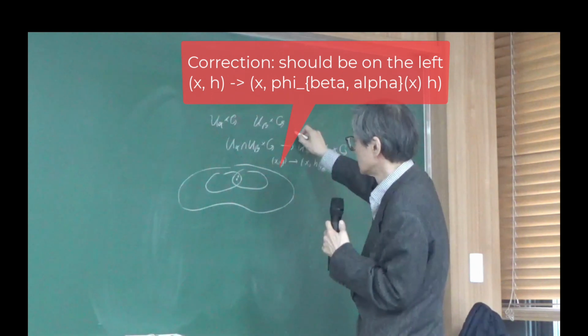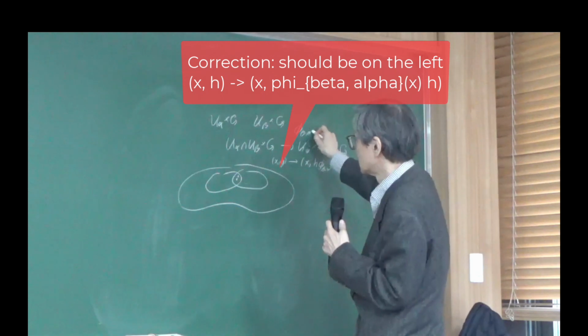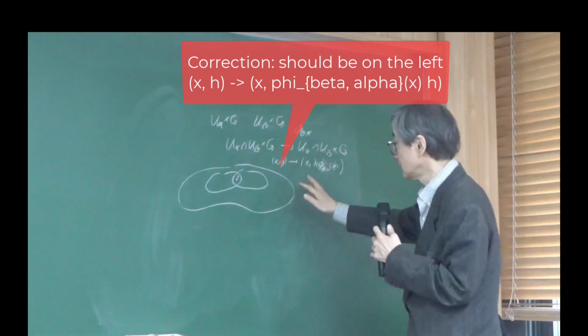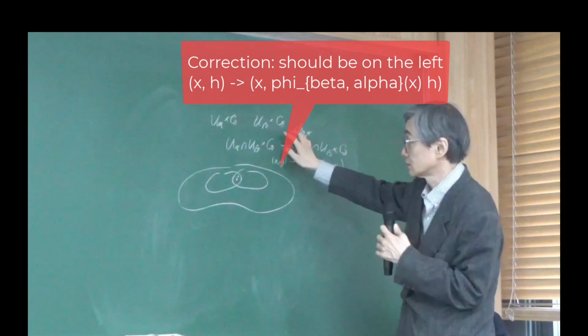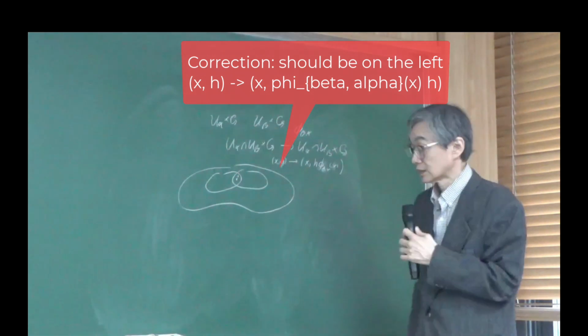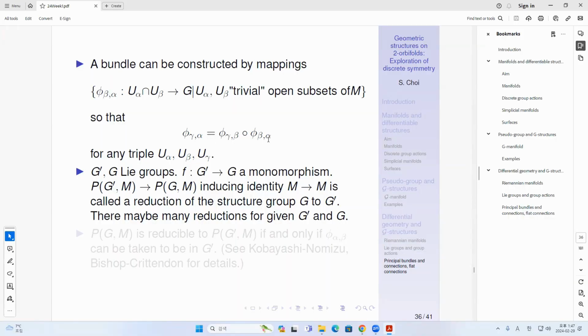This gives you a way to glue parts of this with parts of that. This condition is saying that it's compatible. You can define a well-defined manifold using this. Of course these are in some books, but I'm not really completely saying this.